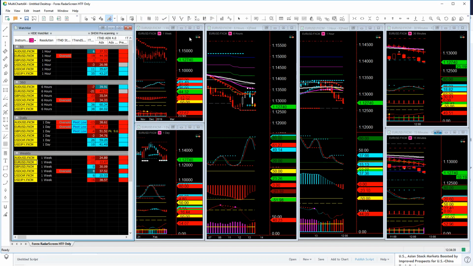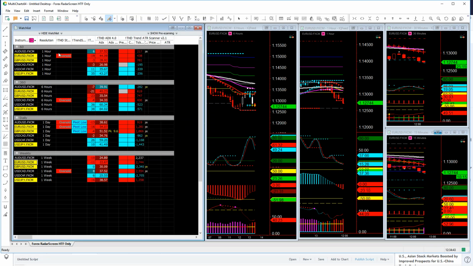So this is MultiCharts, and I have everything set up in an Excel spreadsheet, okay? So I can get an alert on any of these columns.